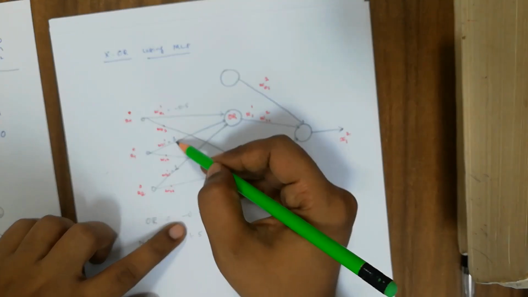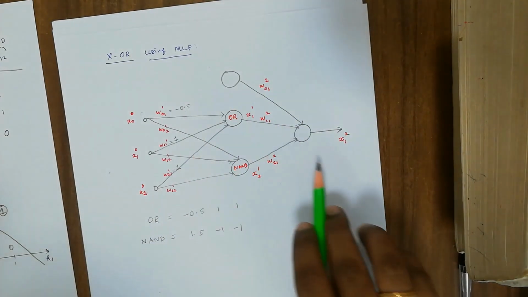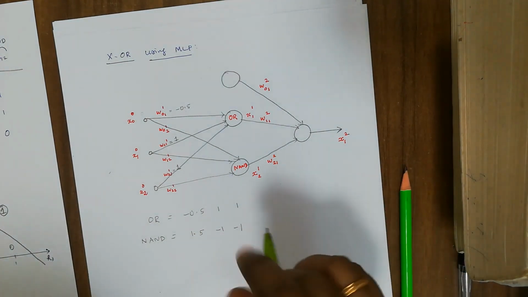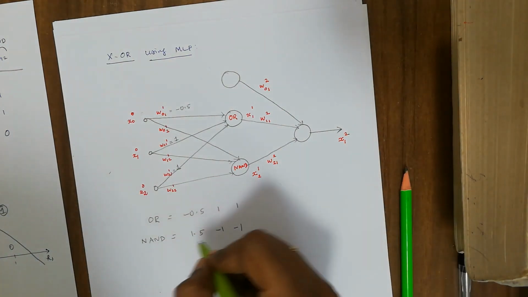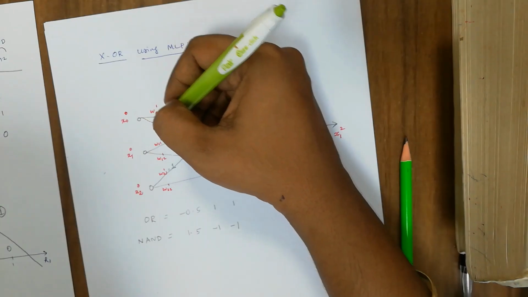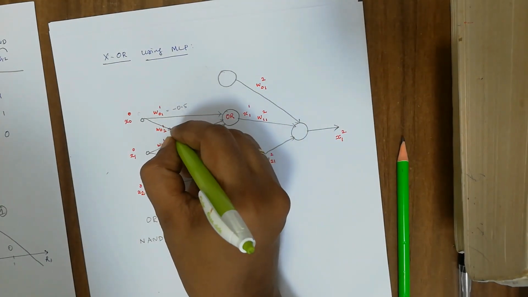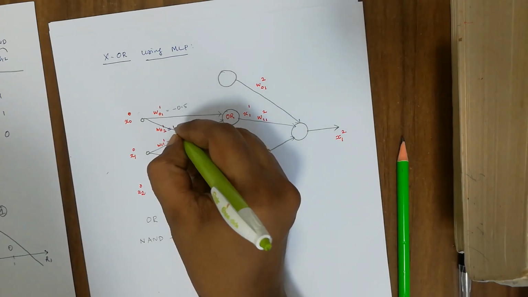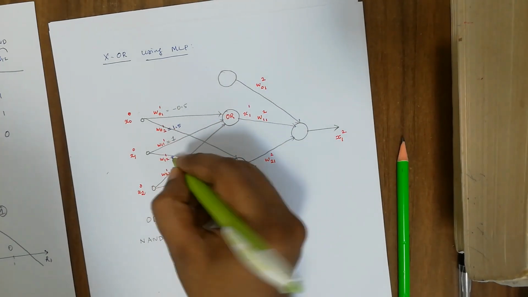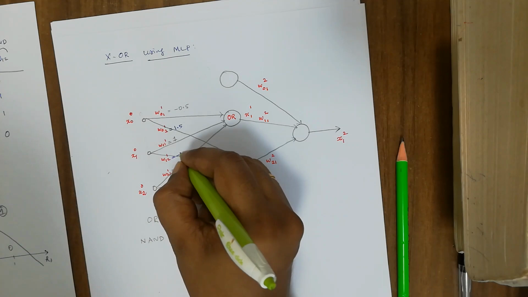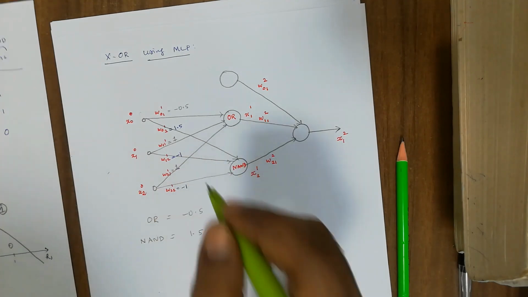So minus 0.5, 1, 1 connects to the OR operation. Now let me assign weight vectors for the NAND. What is the weight vector that connects to NAND? W021. So let me assign in the blue point, which is 1.5, and this value takes minus 1, and this value takes again minus 1.